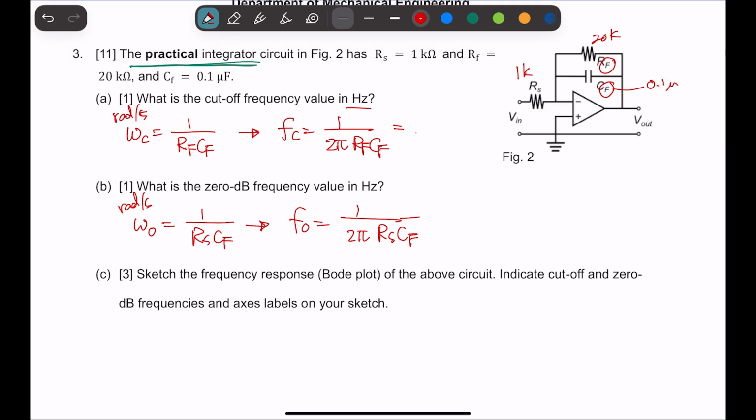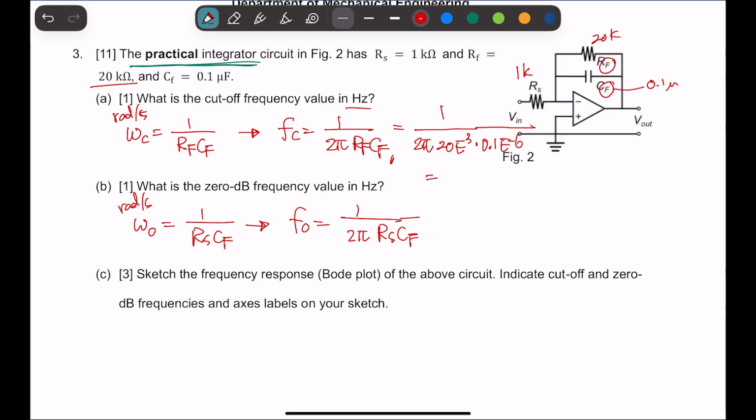And we can plug in the numbers in here. So once you are up to this point, most of you did well, but let's just try. So it's 1 over 2 pi. RF is 20K, so 20 times 10 to the third. And we have CF is 0.1 micro, which is 10 to the negative 6, right?